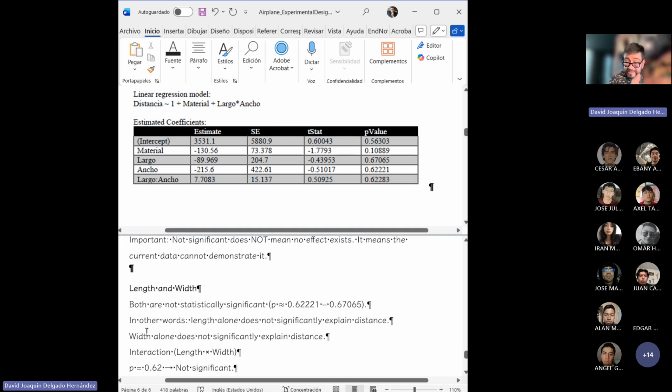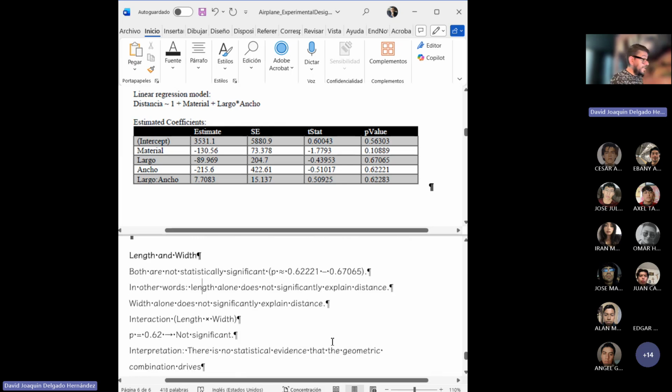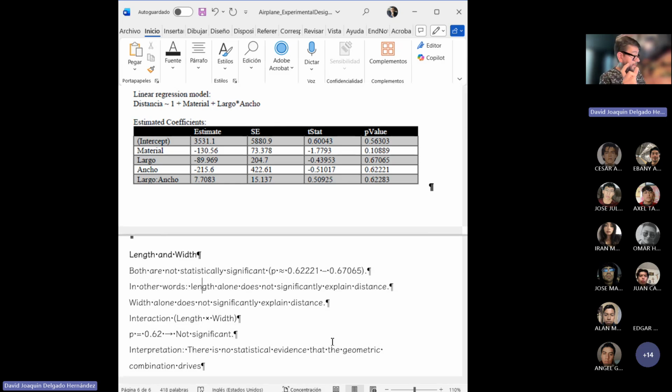And the width is exactly the same. Width alone doesn't significantly explain distance. Again, it doesn't matter if I have a very, let's say, a wide airplane or a very long airplane in another direction. It doesn't matter. I cannot explain the distance that this will fly.